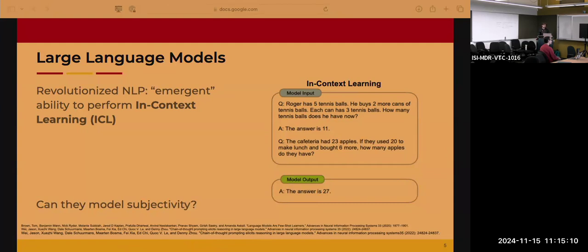This would be considered a training example in the traditional machine learning setting. And then we have the query which we want to classify for and expect the model to adhere to the format that we provided, as well as learn from the demonstrations that we have provided in the prompt to give us an answer. And so we essentially question here whether this can be used to effectively model subjectivity.